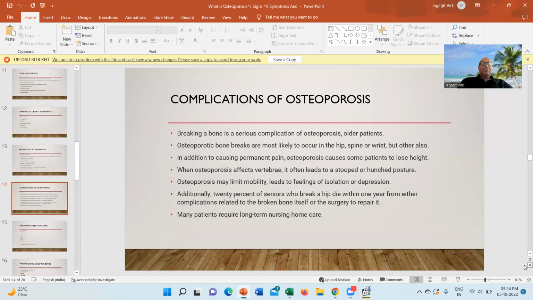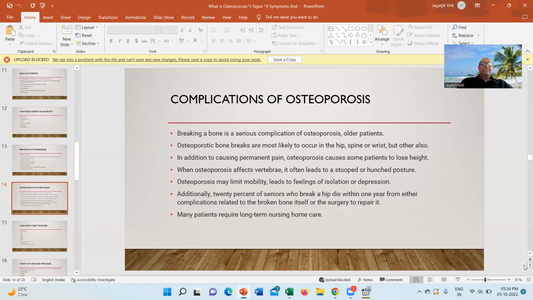Complication of osteoporosis. Breaking a bone is a serious complication of osteoporosis in older patients. Osteoporotic bone breaks are most likely to occur in the hip, spine, and or wrist, but other bones can also be involved.